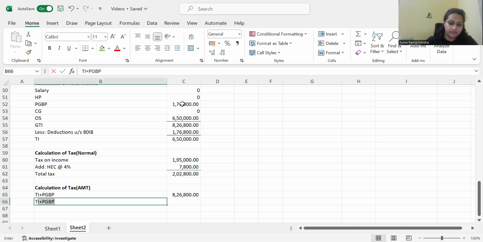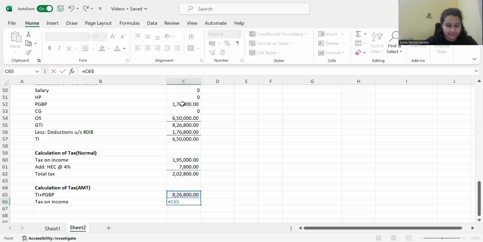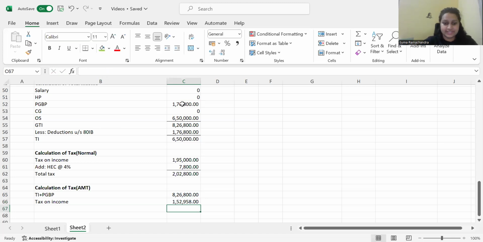So what will I do here? To calculate tax on this 8,26,800, I'm going to apply 18.5%. This 18.5% is always common.